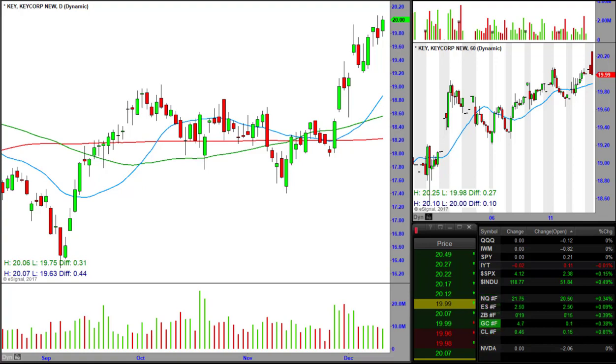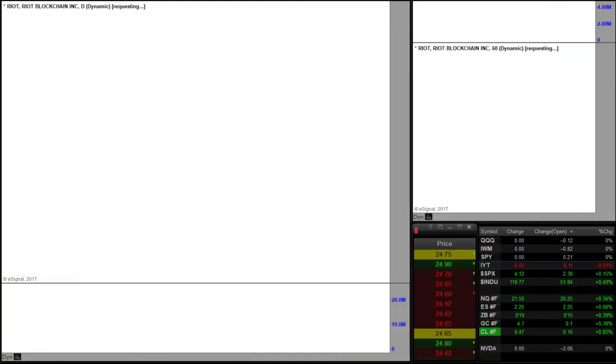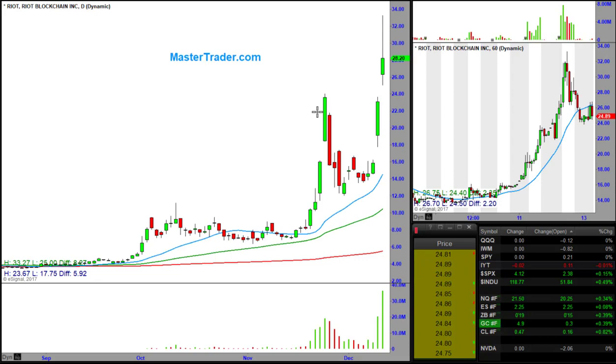Pre-market this morning, there's one stock that's taking a bit of a shellacking, and one that did great over the last couple of days. If I can find it here, Riot. It's down here a bit this morning, but it did have a great couple of days pushing up here.